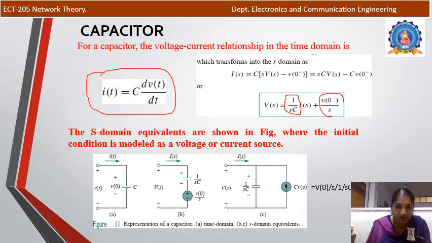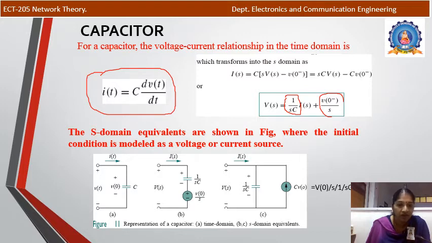This will be impedance into I of s, that is Z into I, it will be V, and this V of 0 by s will be the initial voltage, right? So we can represent that by using this diagram. In the time domain, we have only the capacitor value. Input voltage is V of t, the current flowing through the capacitor is I of t, and the initial voltage across this capacitor is V of 0.